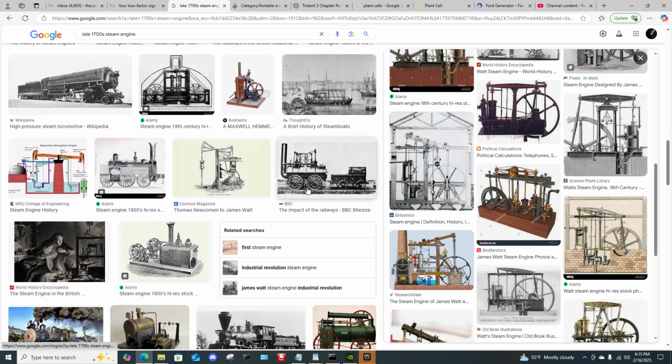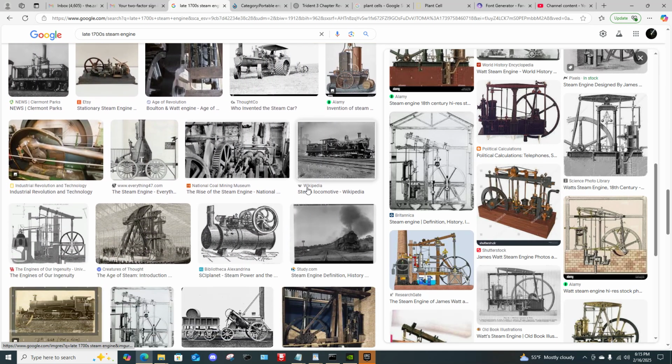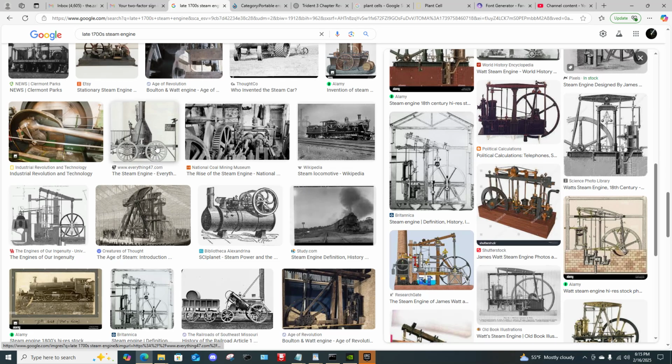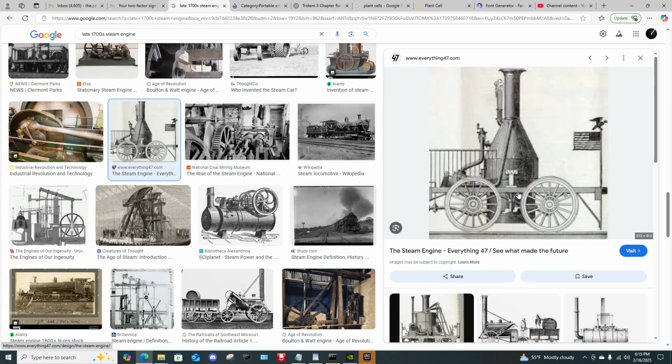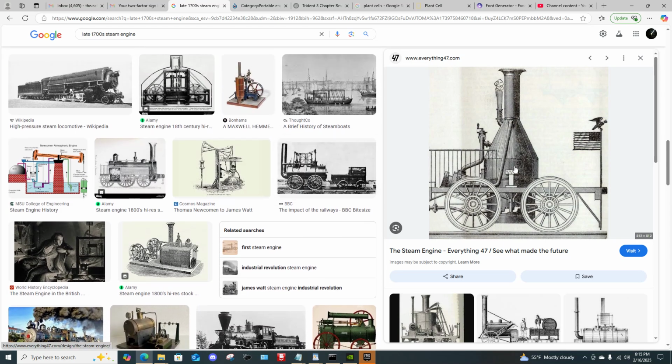But before this, you can't find any sort of design other than something as simple as this, where you have wooden wheels, a cauldron or tank, like a metal pot with a spigot that allows steam to then be pushed onto a pulley system that drives these wheels.